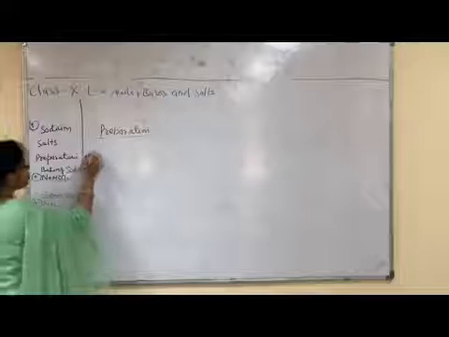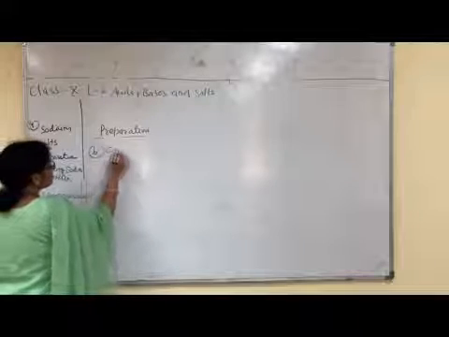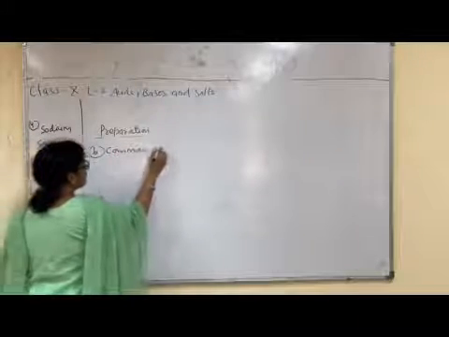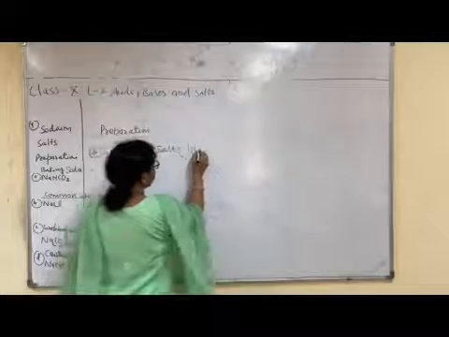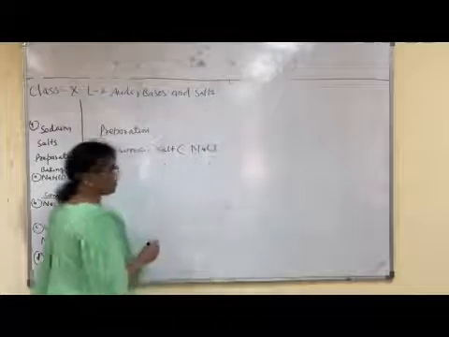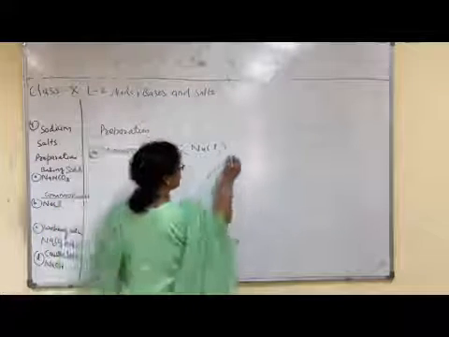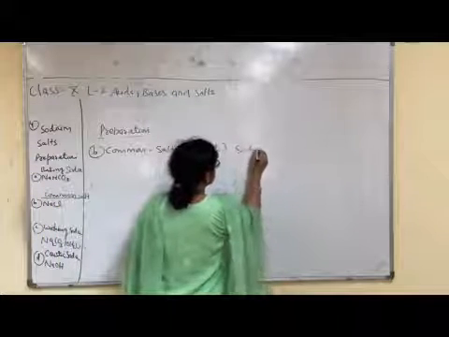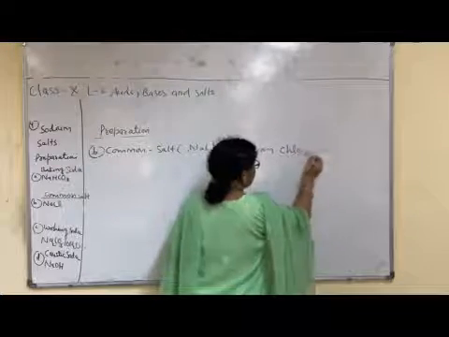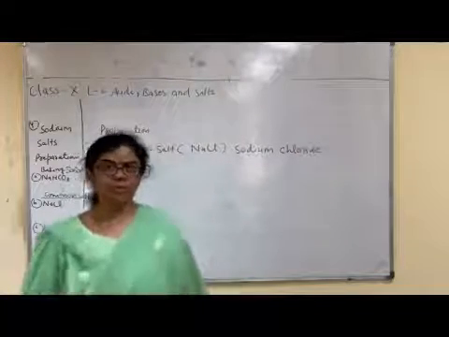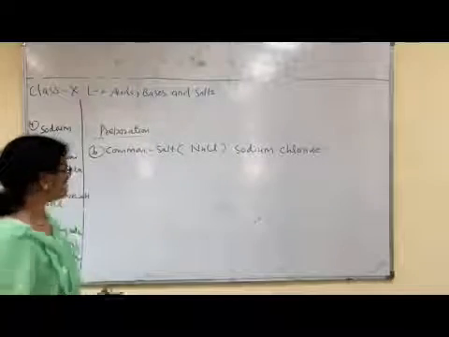Second is common salt. What is common salt, which we use in our daily diet? Sodium chloride. Sodium chloride is also known as rock salt. Right? A simple, common source of sodium chloride is seawater.